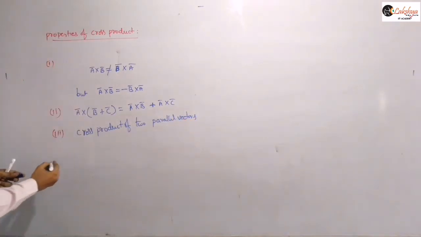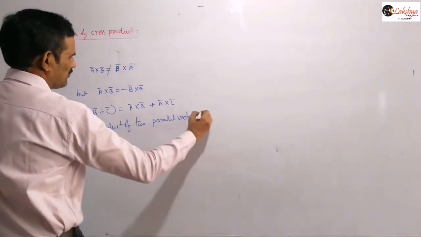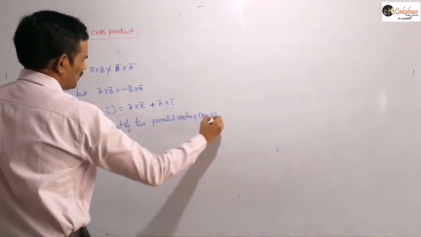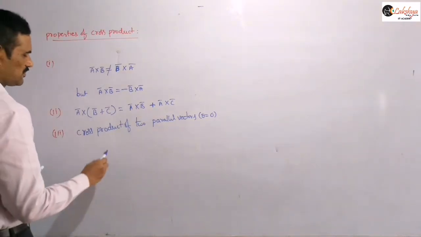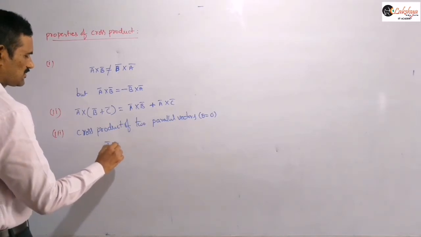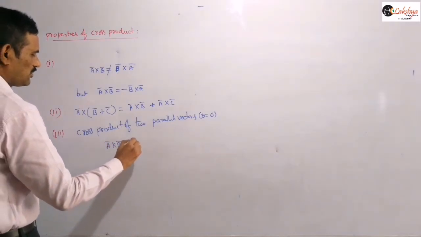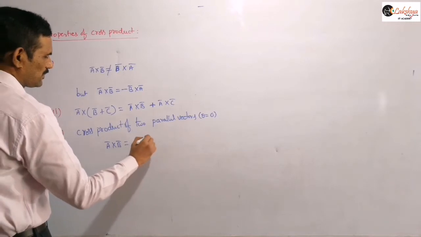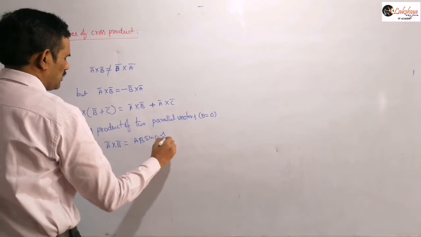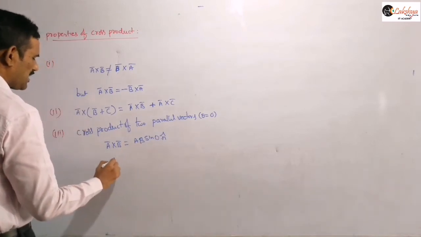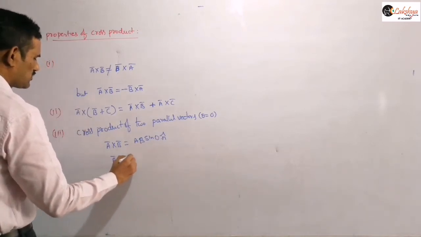So cross product of two parallel vectors means this theta value will be equal to 0 degrees, the angle between two parallel vectors. So A bar cross B bar will be equal to AB sine 0 into n cap, which is a 0 bar. That means A bar cross B bar will be equal to 0 bar.